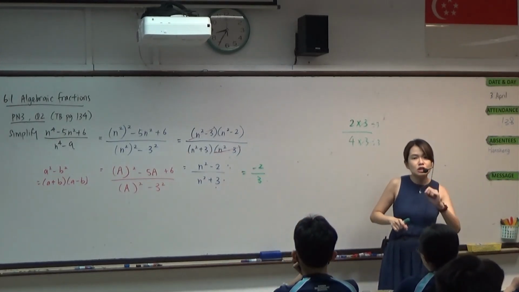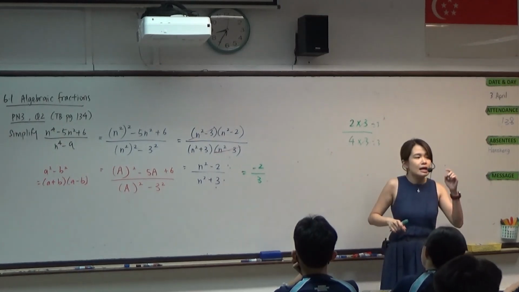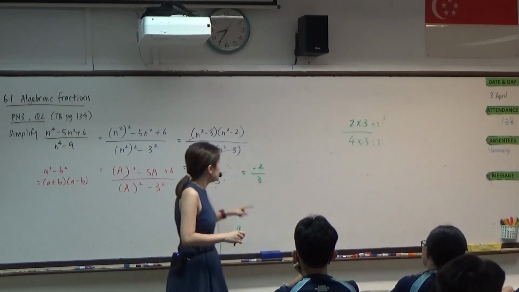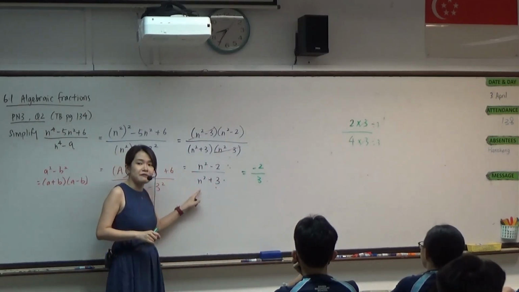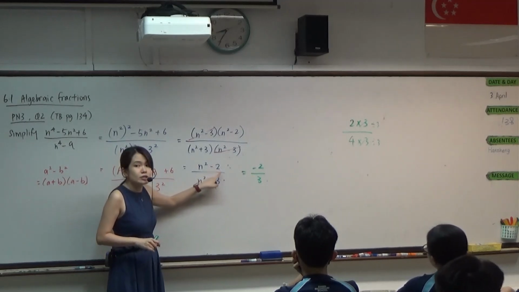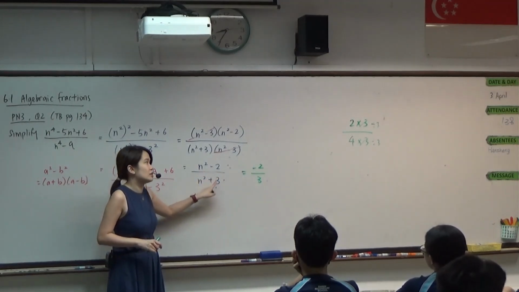But what JJ is now thinking is, I want to divide by n squared in the numerator and denominator. Can I do that? Down here is a minus 2. It's not multiplication.